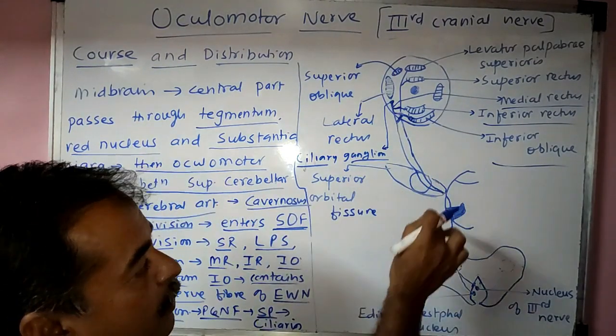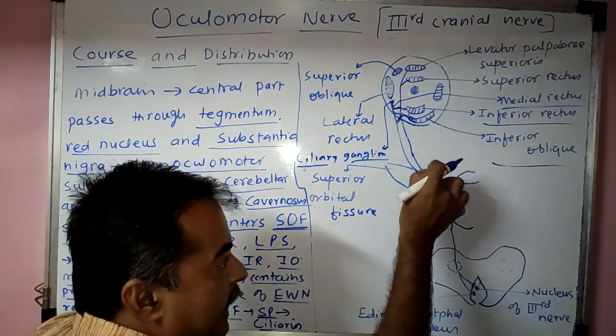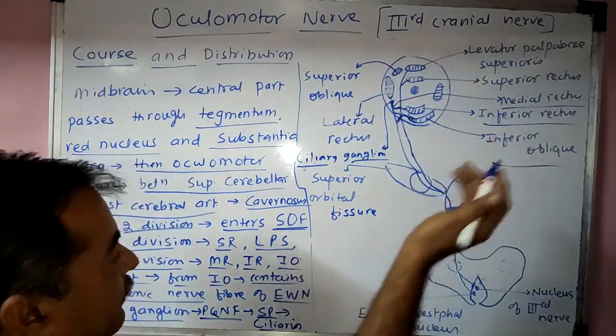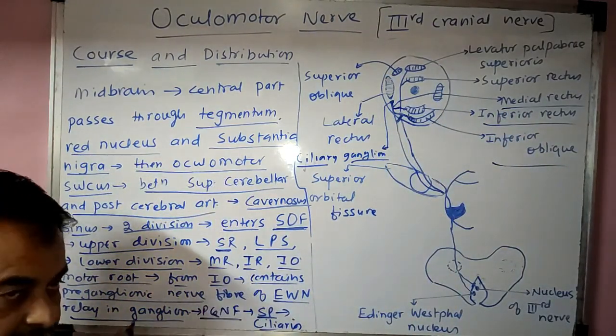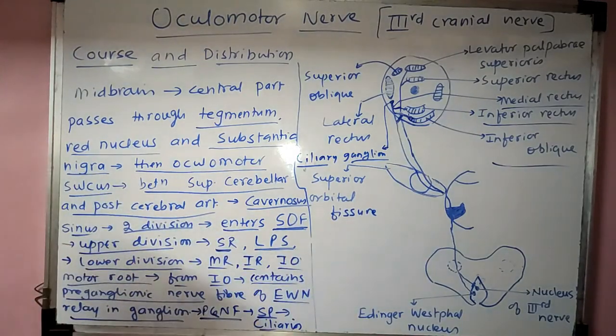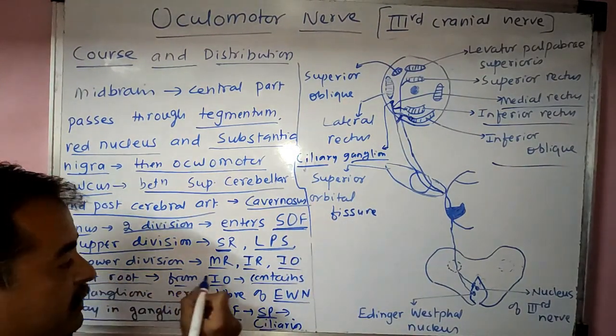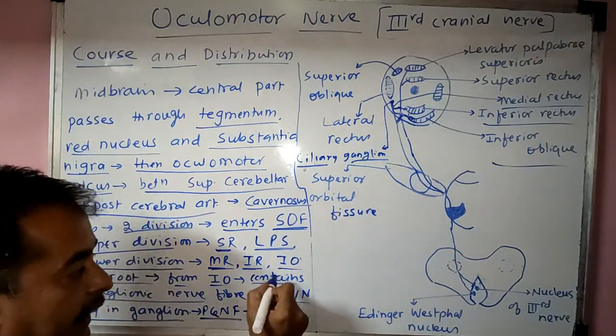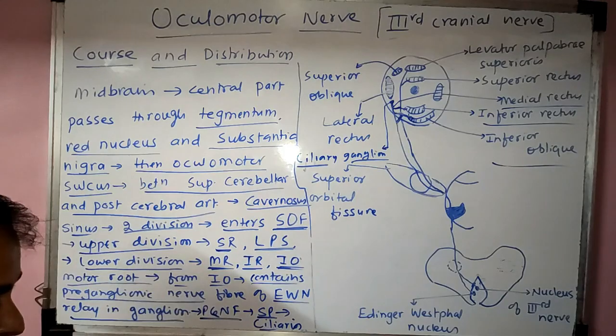This is the superior orbital fissure, and this is the central part of the superior orbital fissure. The upper division supplies the superior rectus and the levator palpebrae superioris, while the lower division supplies the medial rectus, inferior rectus and inferior oblique.